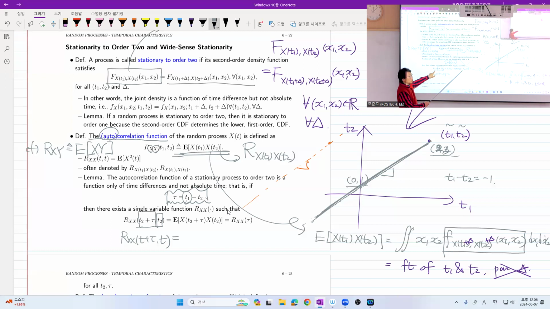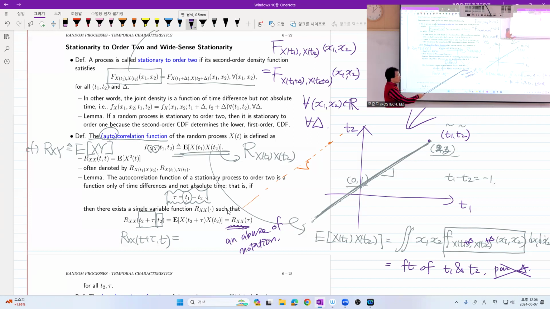So this is an abuse of notation. Okay, this function is a two-parameter function. This function is a single parameter function, but they have the same name. Okay? And that is one of the most confusing conventions among the people handling random processes. So this is an abuse of notation. But you don't want to introduce a new name for the function of tau.